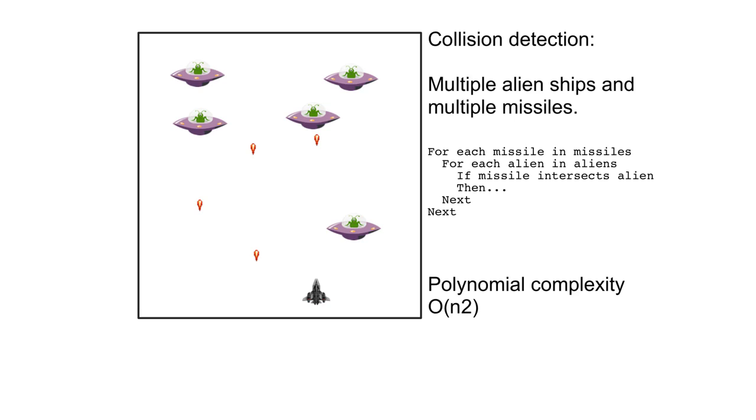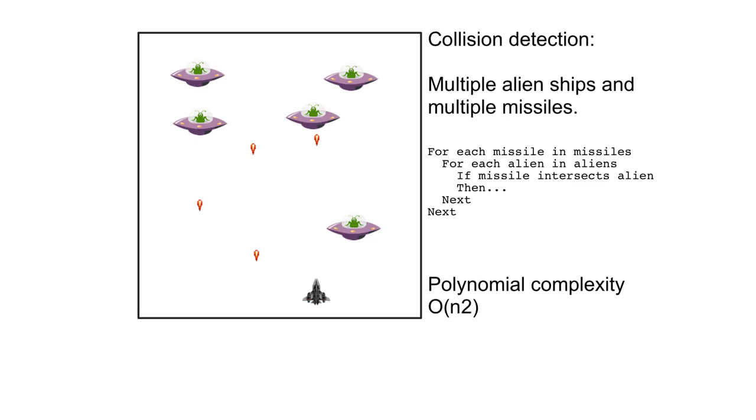But the problem here is that we've increased our time complexity from linear to polynomial, and we've got O(n) squared. It's quadratic complexity. And we know from the previous theory that this is really beginning to become a poor algorithm.